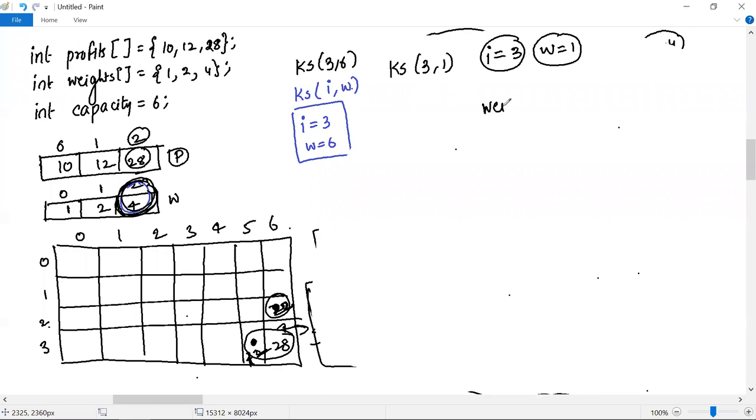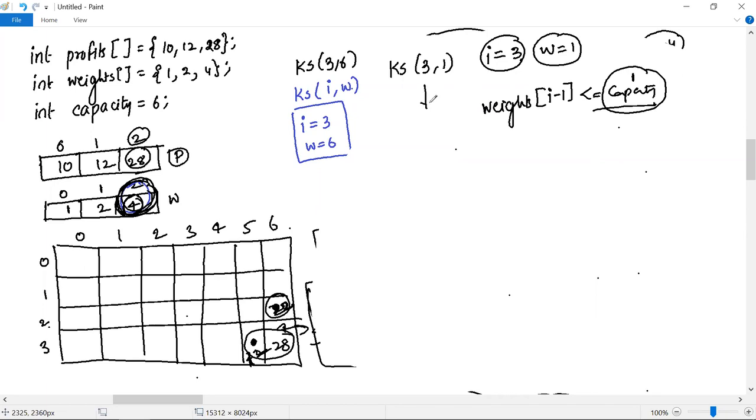So weights of I minus 1. What is the meaning of weights of I minus 1? I value is 3, means this is your current weight less than or equal to capacity, right? What is my capacity now? I considered 1 as my capacity, right? Is my point clear for everyone? The current capacity I considered is 1. Condition is false. If the condition is false, what should I do?